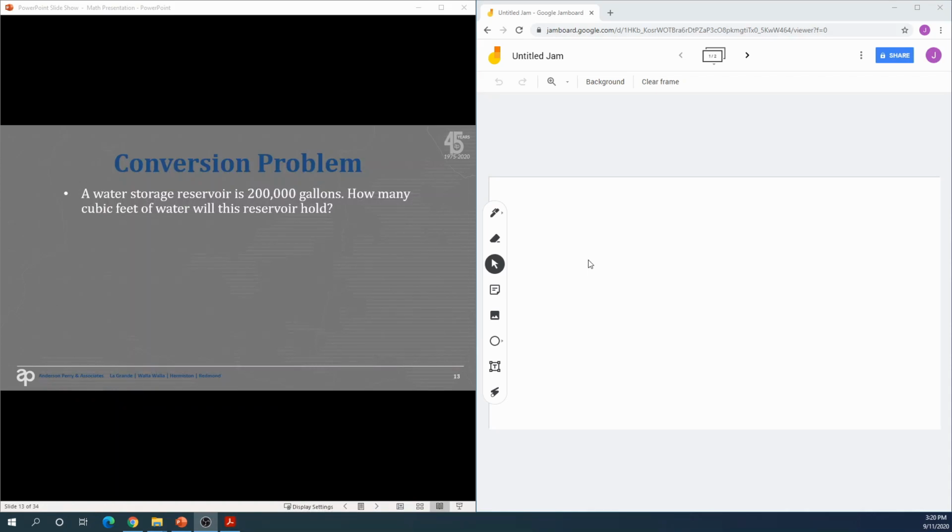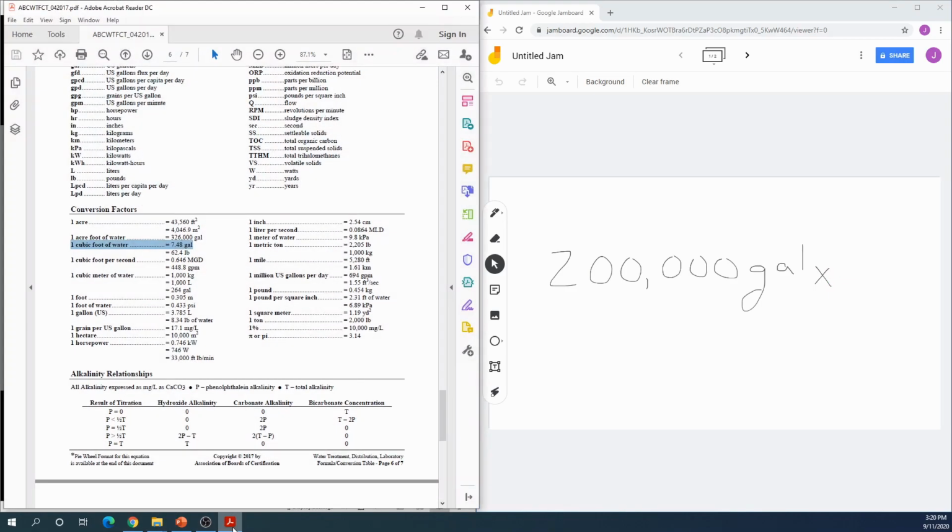We know we have 200,000 gallons. Now we're going to multiply that by our conversion factor, which is in 1 cubic foot of water, we have 7.48 gallons.